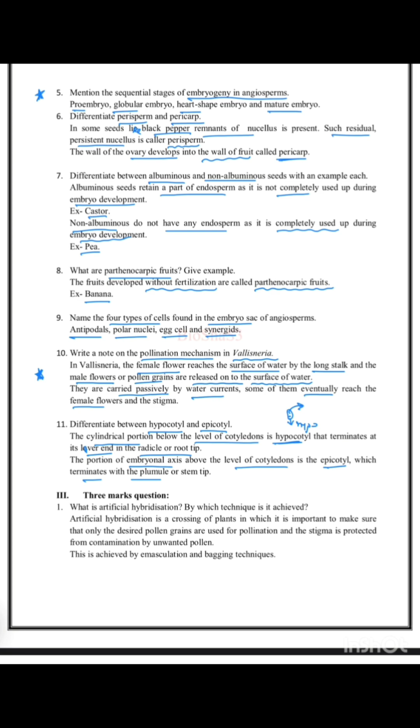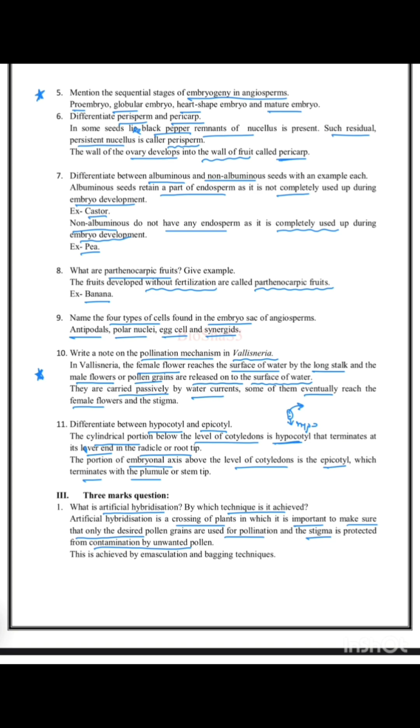Next, third main 3-mark question. What is artificial hybridization, by which technique is it achieved? Artificial hybridization is a crossing of plants in which it is important to make sure that only the desired pollen grains are used for pollination and the stigma is protected from contamination by unwanted pollen.